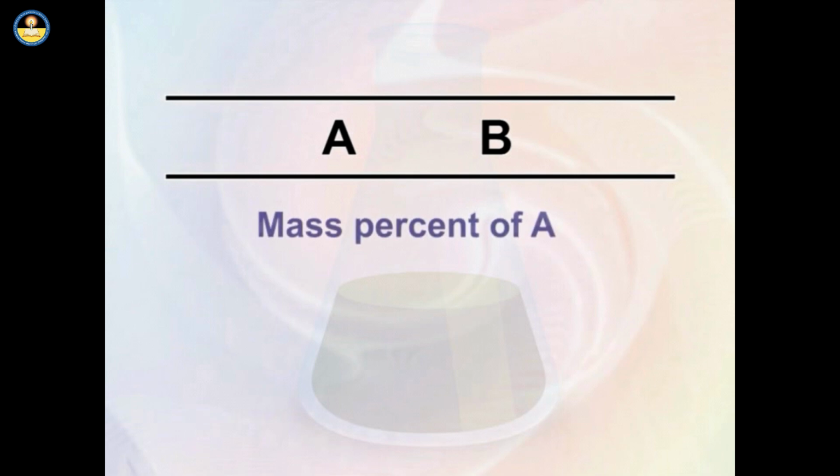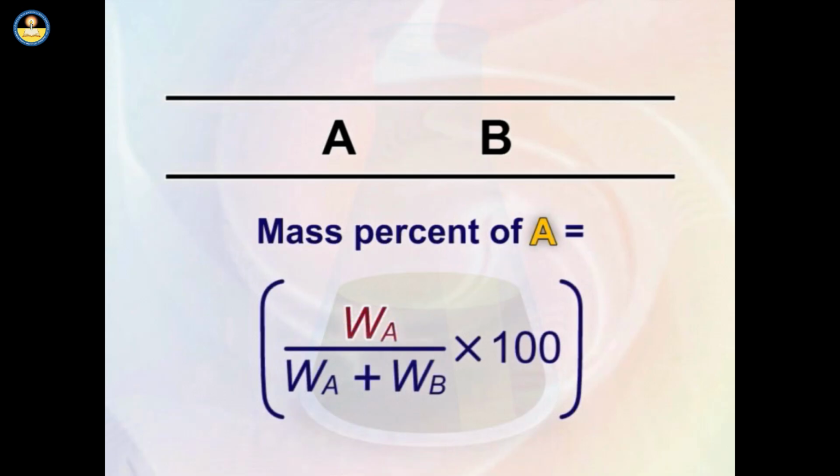If A and B are the two components of a binary solution, then mass percent of A equals WA divided by WA plus WB multiplied by 100.